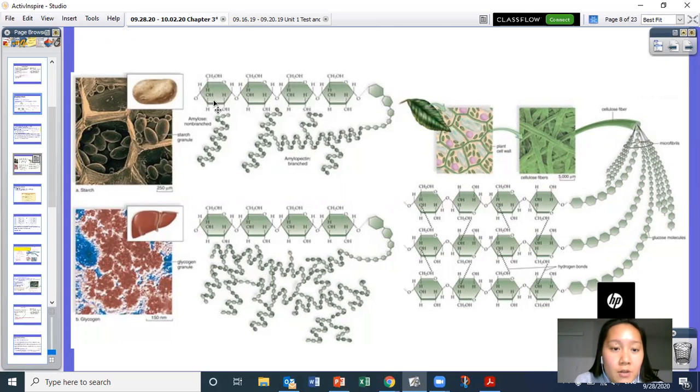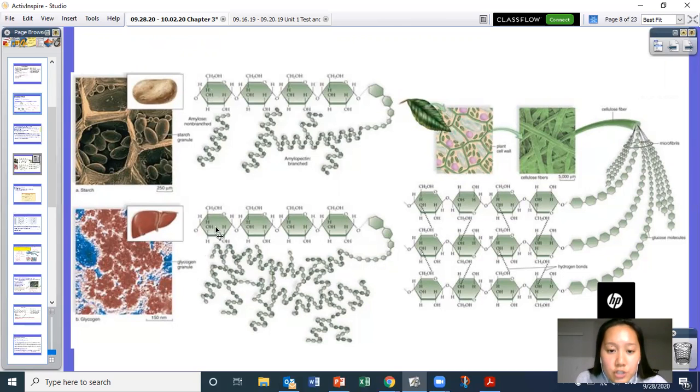In this format, they are the easiest structure for our enzymes to hydrolyze. So when they're all pointing in this direction, our enzymes have the perfect structure to match up to here and break them apart at each of these intersections into individual glucose molecules.